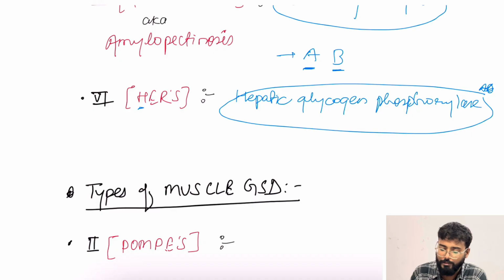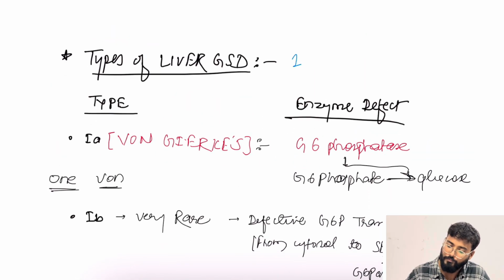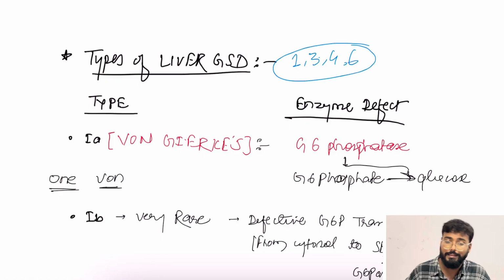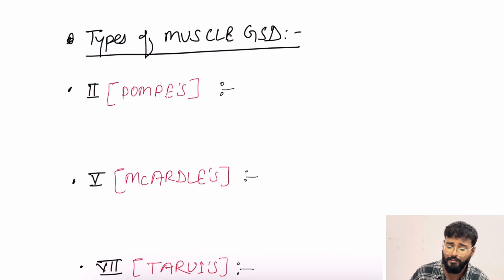Or you can also remember H from H. But if you know 1, 3, 4 and 6, these are your liver GSTs. Now moving on to types of muscle GST.